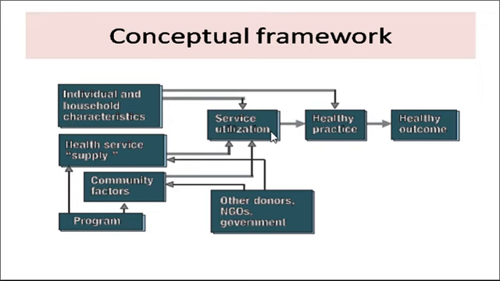So we cannot believe that it's only the program which is going to lead to the utilization of health services. So the different individual and household characteristics also influence. So this helps us understand conceptually that if the program is trying to influence the service utilization, this service utilization is also affected by individual and household characteristics.